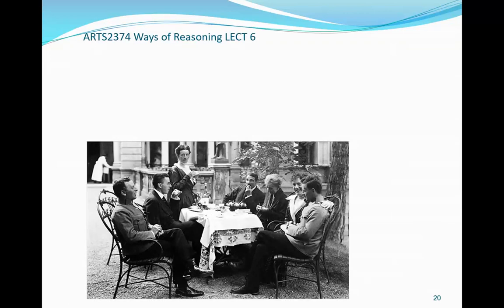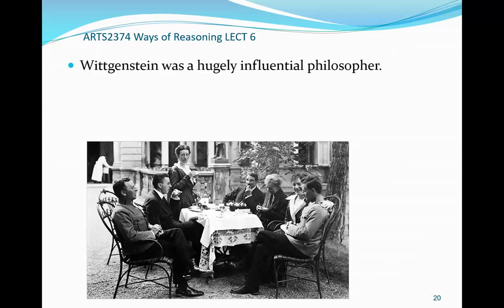Here's Ludwig Wittgenstein with his family. He's on the extreme right. He was a hugely influential philosopher. He was raised in extreme wealth and very high culture in Vienna.